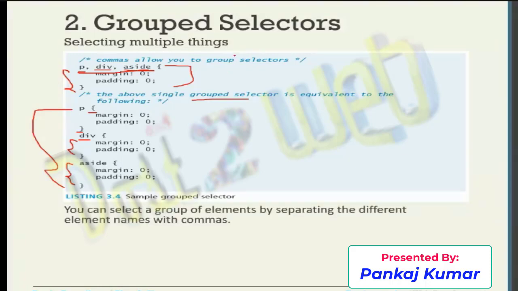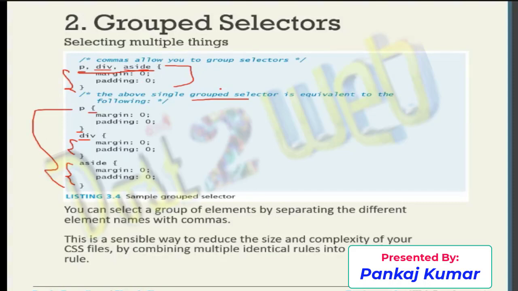You can select a group of elements by separating the different element names with a comma, which we have mentioned. That is called a group selector. This is a sensible way to reduce the size and complexity of your CSS rules. Why? See here, how many lines we have used? 1, 2, 3, 4, 5, 6, 7, 8, 9, 10, 11, 12. 12 lines we are using here.